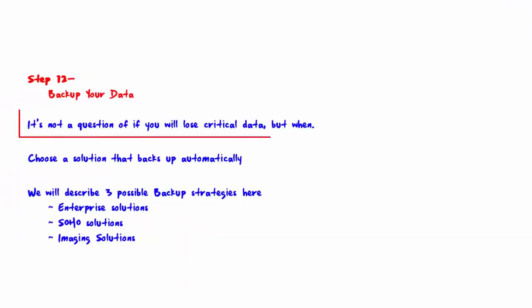Your data. It's not a question of if you will lose your data, but when. As the old adage says, it's not a question of if you will lose your data, but when. So it should be obvious that data needs to be backed up so it can be recovered if lost. Failure to do this is just plain dumb.